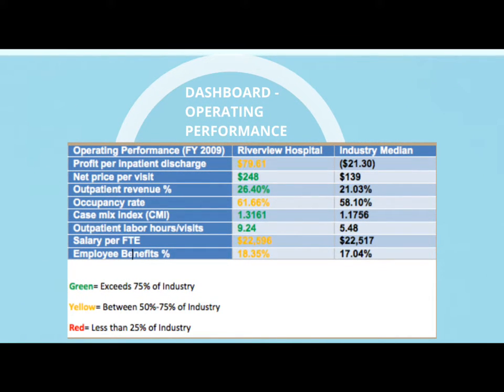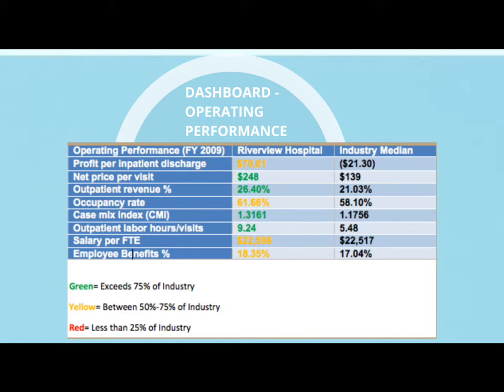Now, some key performance indicators for operating performance are profit per inpatient discharge is $79.61, which is right around the industry median. Now, the net price per visit is $248, which exceeds the industry median of $139.